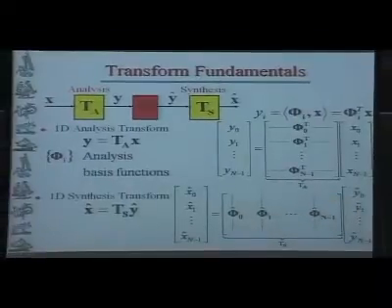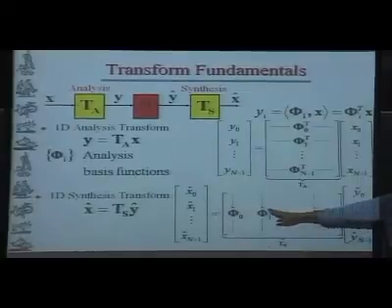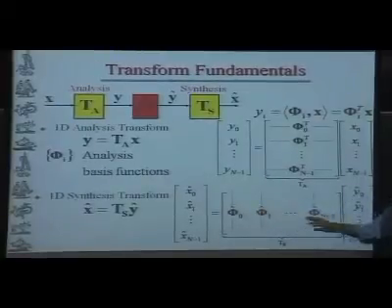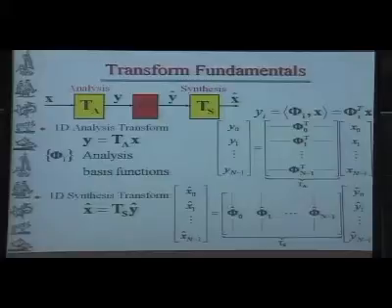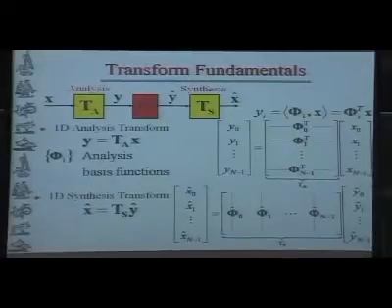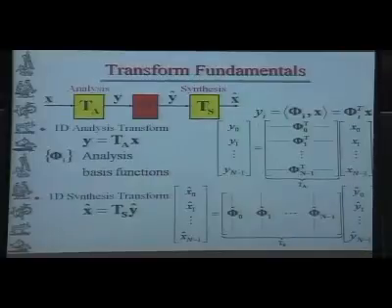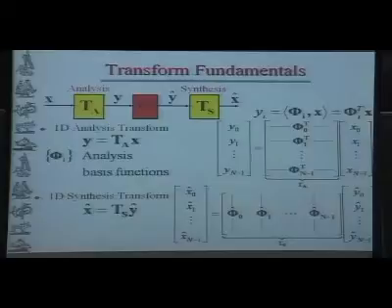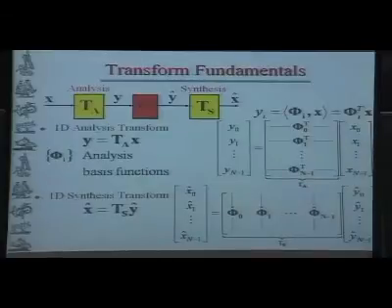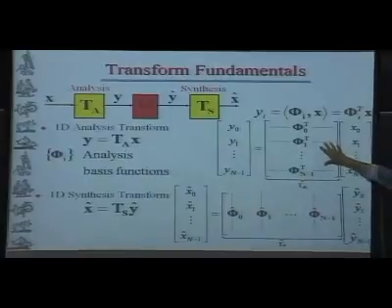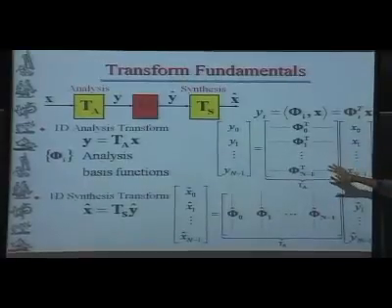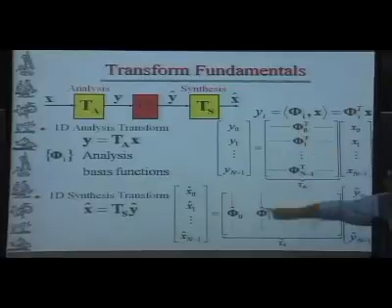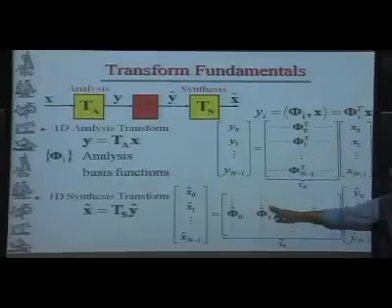Now, I have the hat here to indicate the case where I might have a different basis function on the analysis side and the synthesis side. This is called the bi-orthogonal case. In the nicest type of transform, we have orthogonality, and what that means is the transpose of TA gives you TS. In that case, you just have phi here, phi0 here, phi1 here, without the hat.